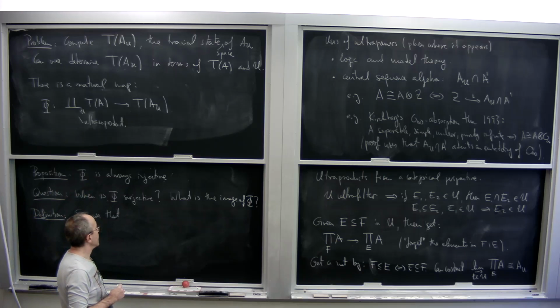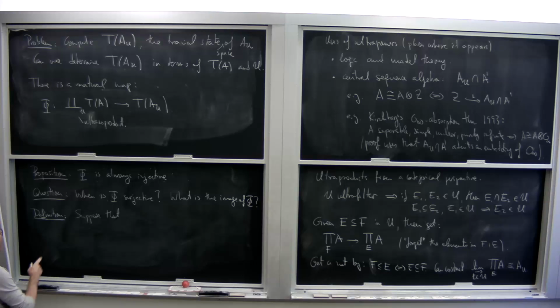Is the image of phi? Yeah, the image of phi. In general, we can characterize when it is surjective, but whether the image is always a face or not, I'm not sure. Maybe. Yeah, that's a good point, I think.